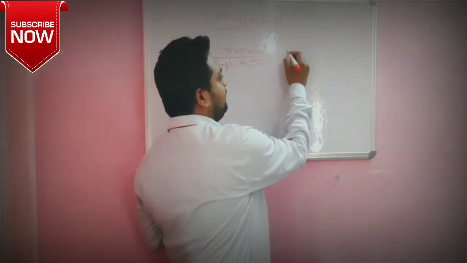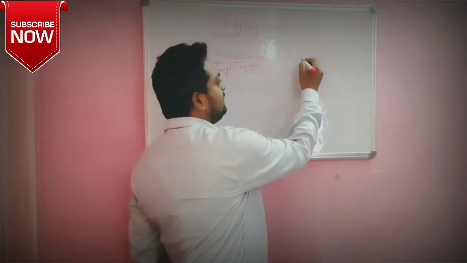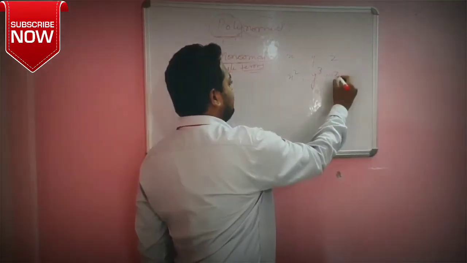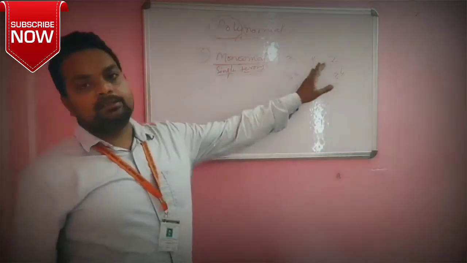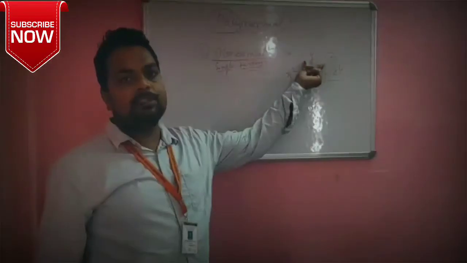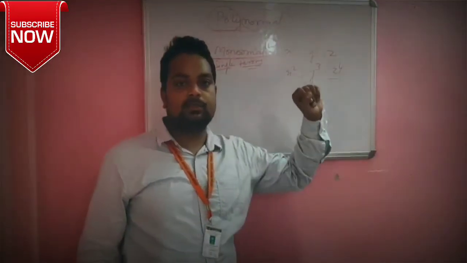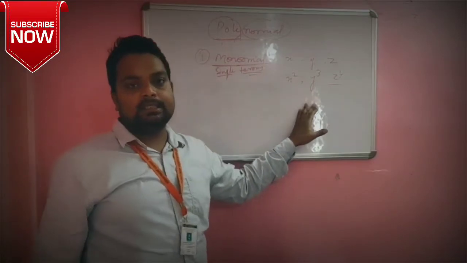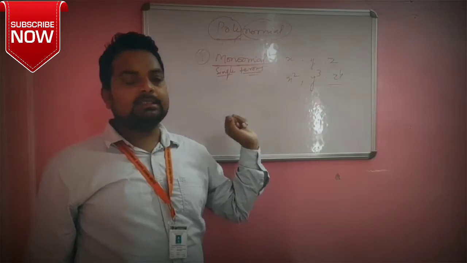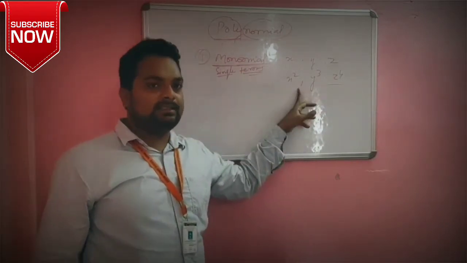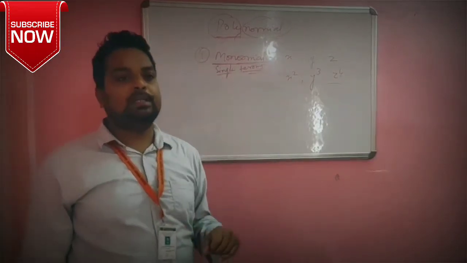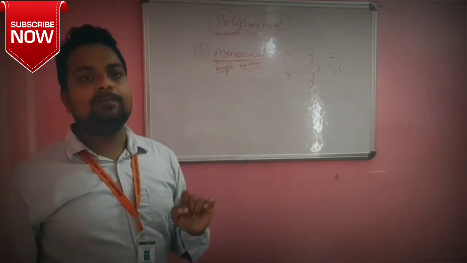Like if it is written as x, or y, z, or x to the power 2, or y cube, or z to the power 4, all these terms are single. x is an individual term, y is also individual, y cube, x square, z to the power 4, all these terms are single. There is nothing else with x square, it is only x square, so it is a single term. So it can be referred to as the monomial, that consists of only a single term of algebraic expression.